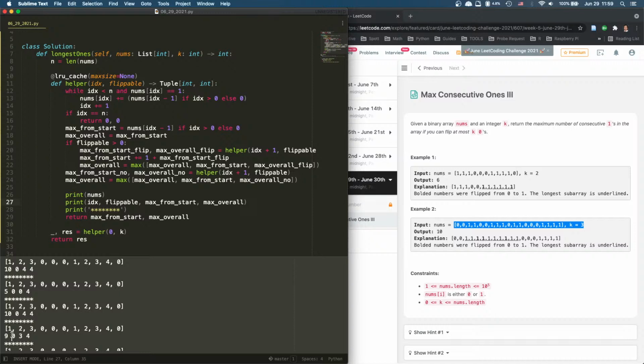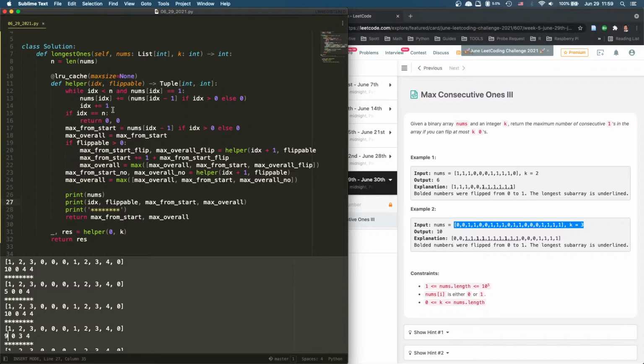Well, index smaller than n, and it's 1, we'll just keep going, right? And then index always plus 1. And when we return, how does index end up at 9? That doesn't make any sense, because we already did this.